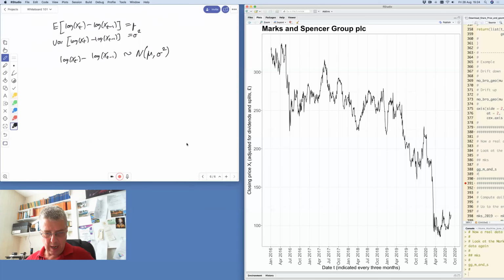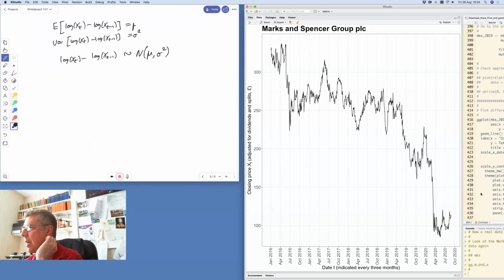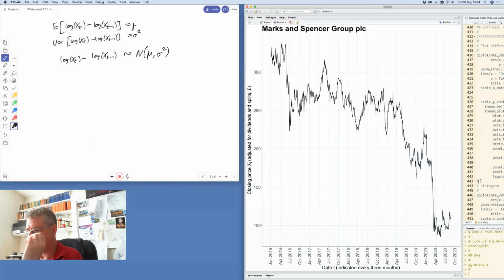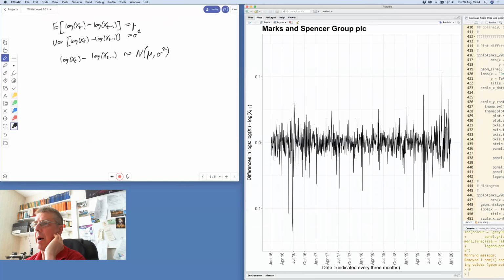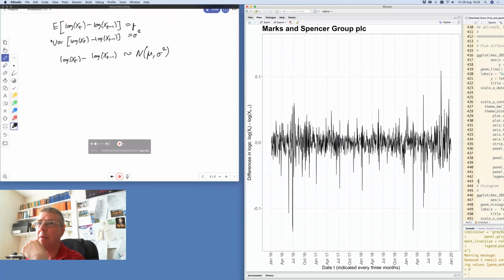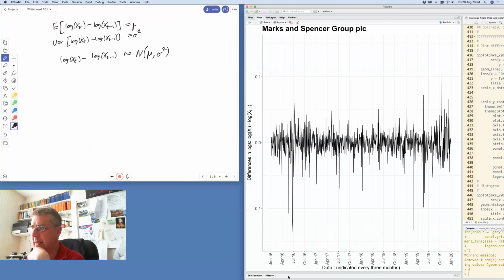So let's see whether that applies in action. What I'm going to do now is plot on my first graph coming up the values of log xt minus log xt minus 1, this quantity here. I'm plotting these against time. So I've taken my original Marks and Spencer's time series, I've taken the logs, I've taken the differences at every time point, and these are the values that result.